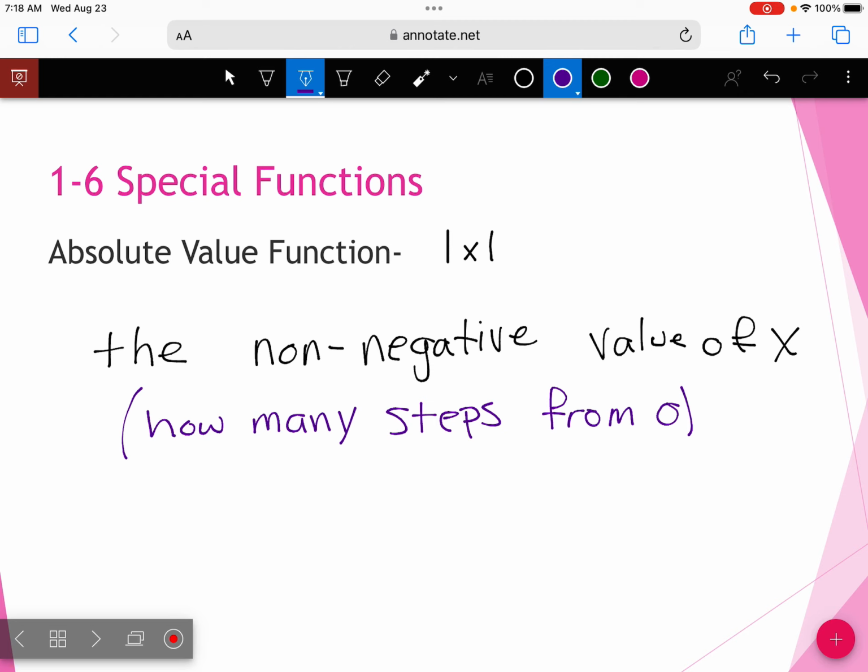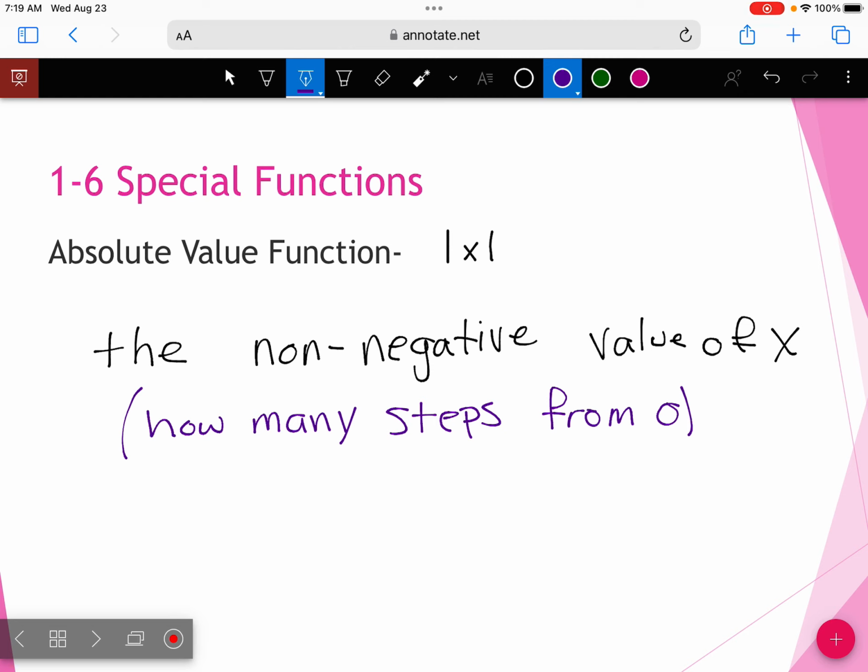Because my Apple Watch does not care if I take 3 steps this way or if I take 3 steps this way. Still counts as 3 steps. Doesn't matter if I'm going to +3 or -3. I took 3 steps. So absolute value is how Apple Watches count steps.